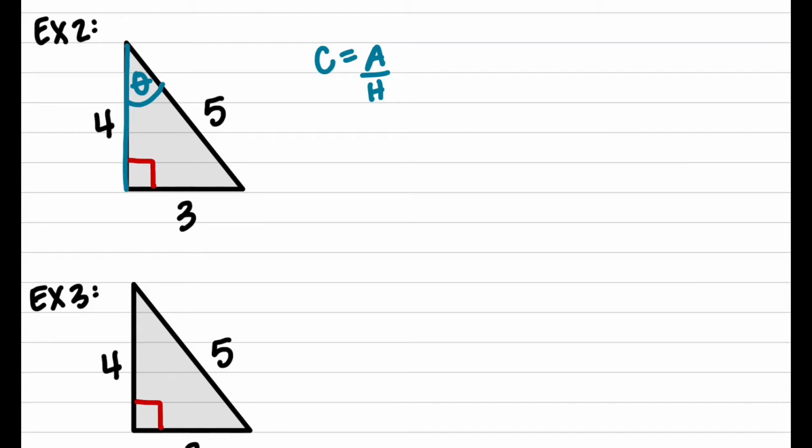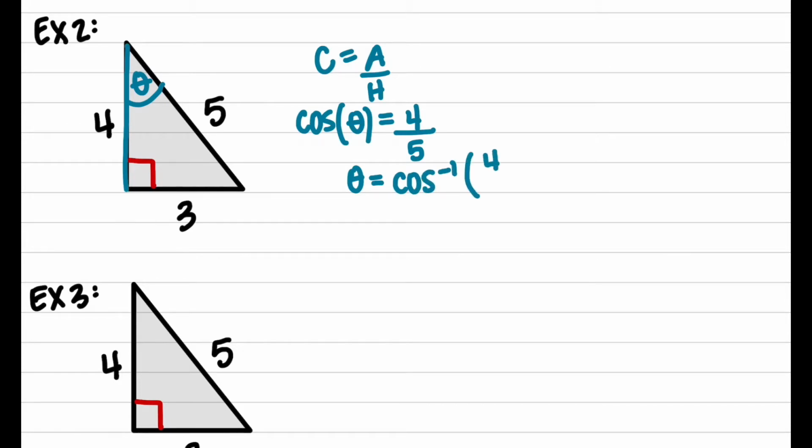So the cosine of the angle that's marked is equal to the adjacent over the hypotenuse. Well, what if I wanted to know what is the measure of that angle? All I would have to do is take the inverse of cosine on both sides. So theta is equal to cosine inverse of 4 over 5.